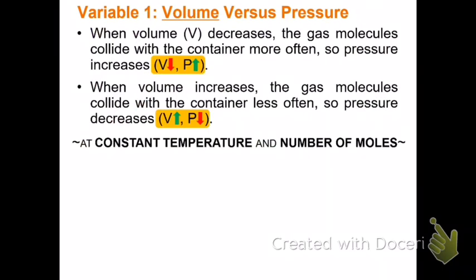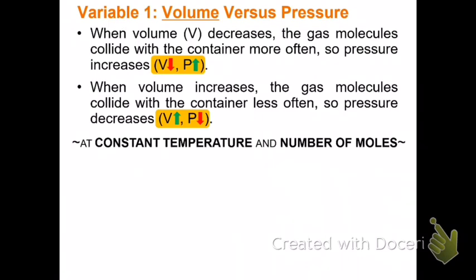Again, there are three variables that can affect gas pressure. The first one is volume, the second one is temperature, and the third one is the number of gas molecules. Make sure that you remember all three variables. The first one we want to look at is volume. How does volume affect pressure?